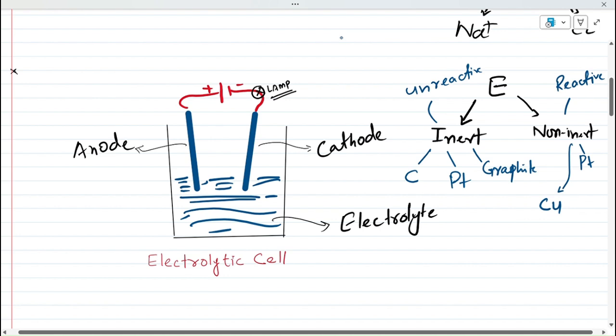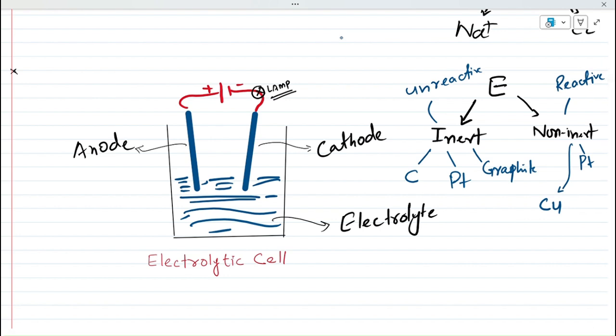Now, if we talk about the electrolyte, it is also of two types. Either it is in the molten form or it is an aqueous substance that undergoes the electrolysis. So there will be two types of electrolytes that we will be discussing throughout this lecture.